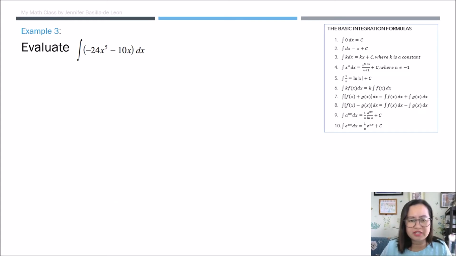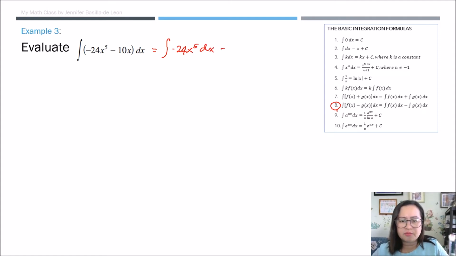Now what about the antiderivative of negative 24x raised to the 5th power minus 10x dx? By applying rule number 8, we can have the antiderivative of negative 24x raised to the 5th power dx minus the antiderivative of 10x dx.